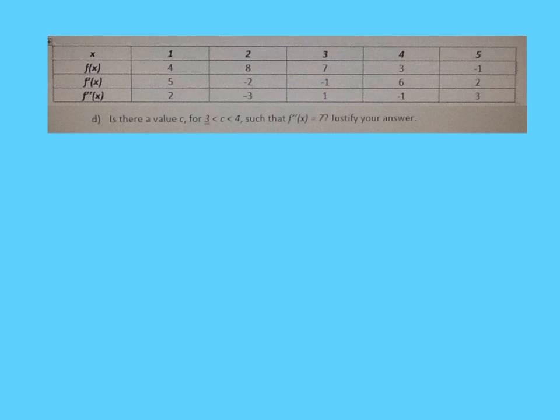So let's go back. We are looking at the mean value theorem for integrals, or that idea that says 1 over b minus a times the integral from a to b of f of x dx, for some function, is equal to f of c.